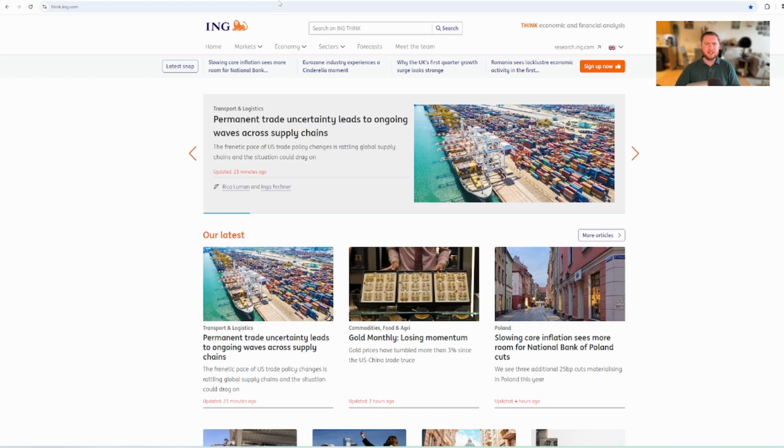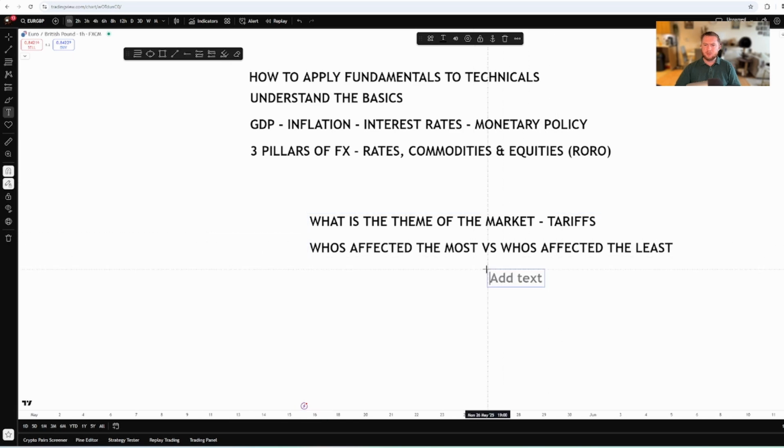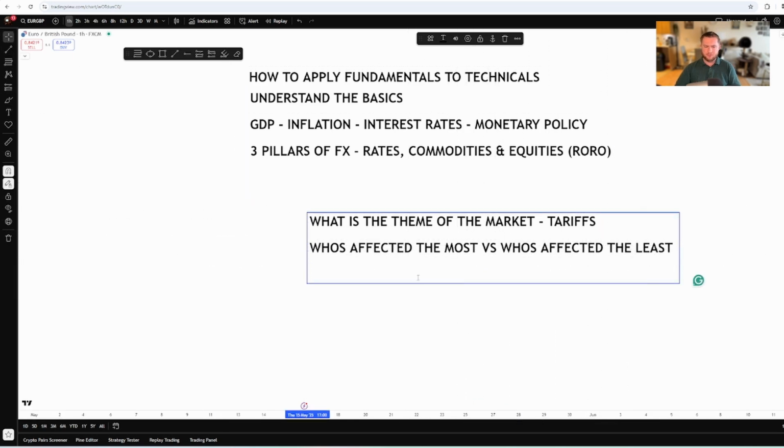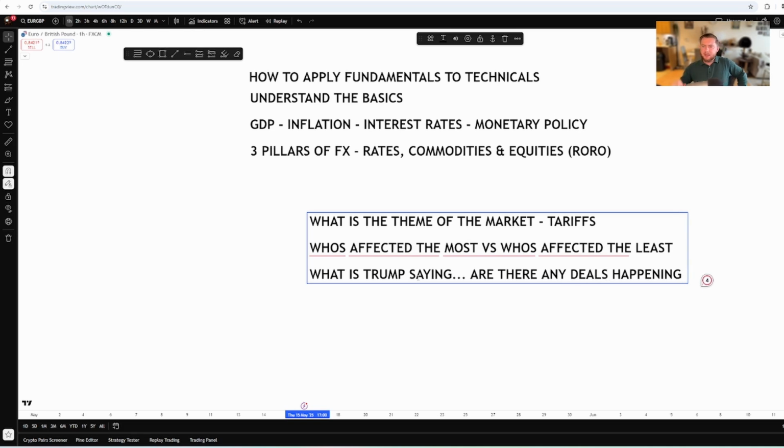But basically, all you need to be watching is, what is Trump saying in this environment? Meaning, are there any deals happening? If there are deals happening, then people will begin to become a lot more optimistic on those who are affected the most, because Trump's tariffs are really bad for their growth, right?